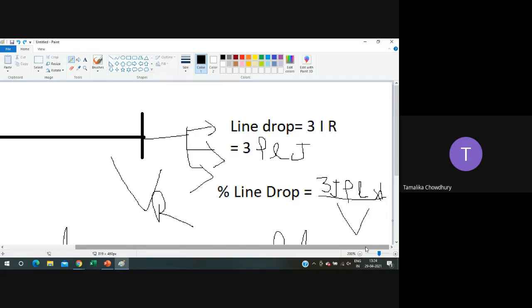Now when I am finding the percentage of this line drop, I put that fraction out of total voltage, the transmission voltage, that is V. So if the line drop is 3 rho LJ, then percentage line drop becomes 3 rho LJ divided by V into 100%. So the percentage line drop is the normal line drop calculated above into 100 by V.